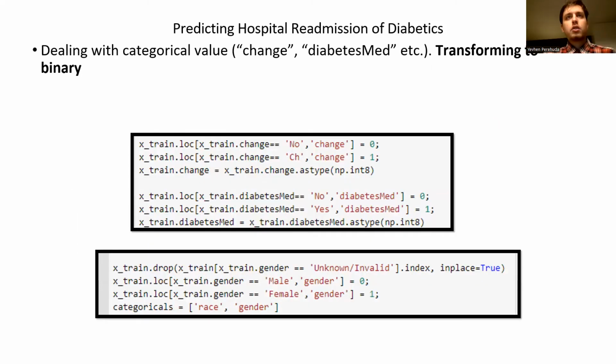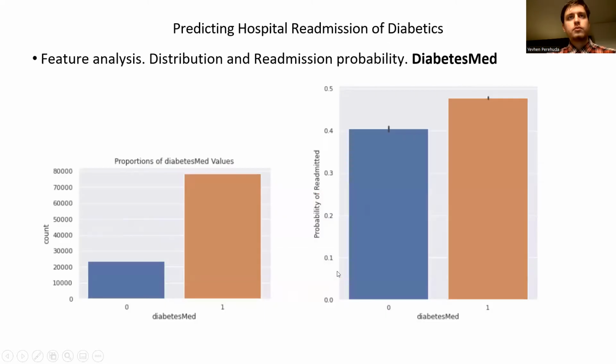For other categorical variables, like change or diabetes medications, we just encoded them to binary variables. Also the same for gender, where we deleted just three patients with unknown or invalid gender feature.